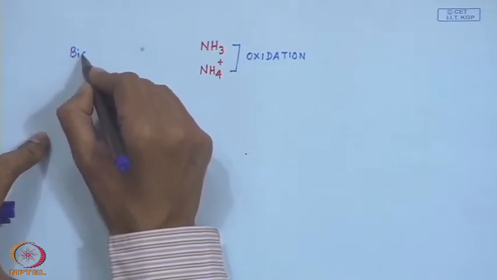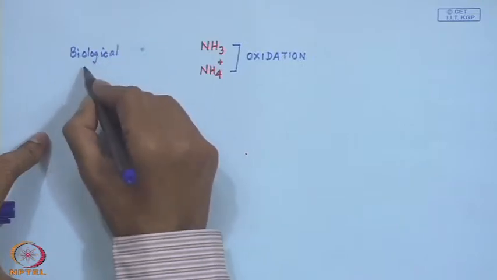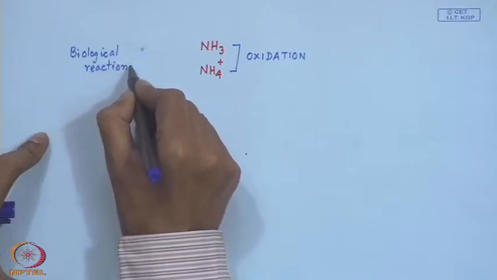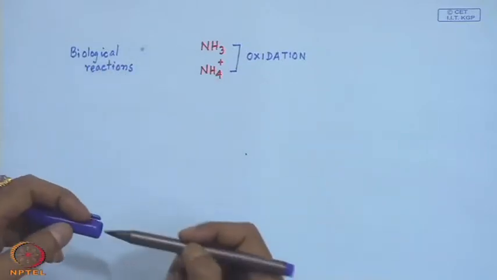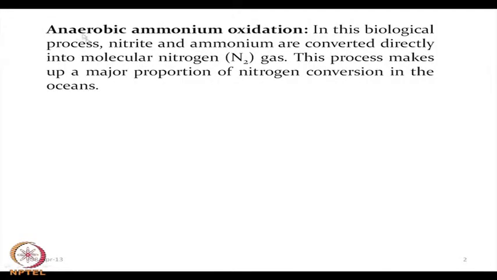So, for that, the biological reactions we should follow, and these reactions are important when a biological reaction is operating on ammonium ion and we do not have any oxygen present. Therefore, it is the anaerobic condition which is responsible for the oxidation of ammonia.